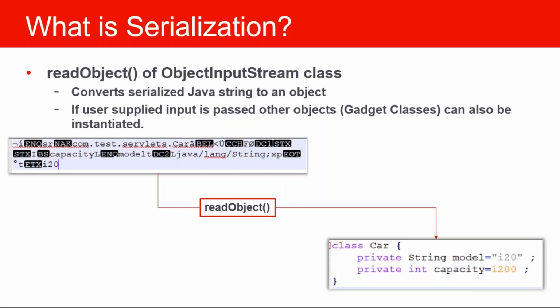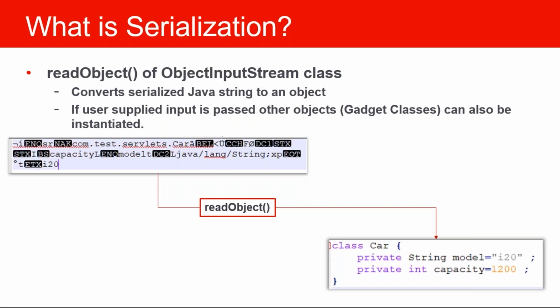But in the case of serialization, system B only needs to pass that serialized string to readObject, and what we get as output is an object that the application can start playing around with. So the processing is a lot faster in the case of serialized communication.